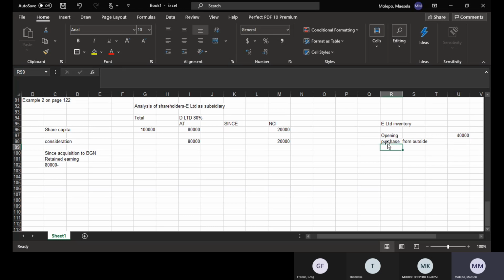And then we have the sales to D, which they told us that the total sales of E Limited to D is sitting at 100. And then they tell us that the closing inventory of E Limited is sitting at 30.